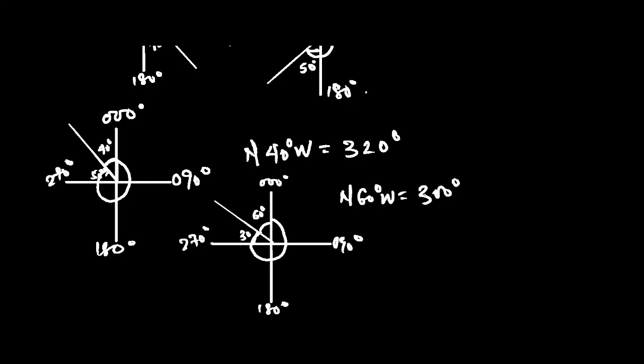Now, I know some of us might be like, oh, why are we doing this? We are looking for a better, more accurate way of identifying direction. If we are using compass bearing, it is very easy for you to guess what the direction is going to be, but it might not be accurate.